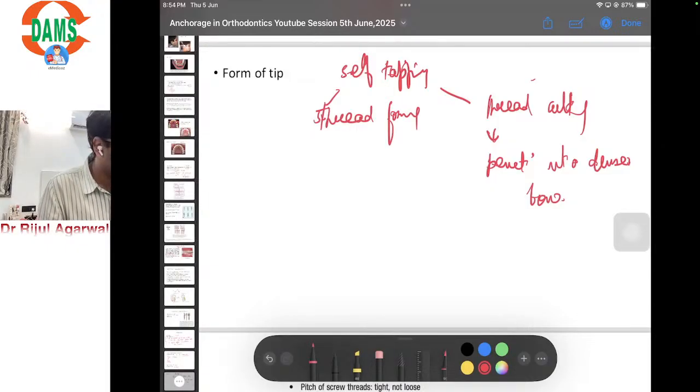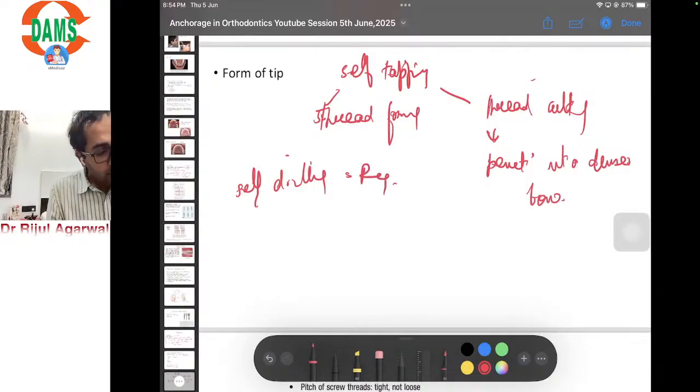Next broad category is self tapping and self drilling. What is the difference between self tapping and self drilling? Self drilling screws require a pilot hole. In prosthetic implants, at certain times we require a pilot hole or a pre-drill before placing.